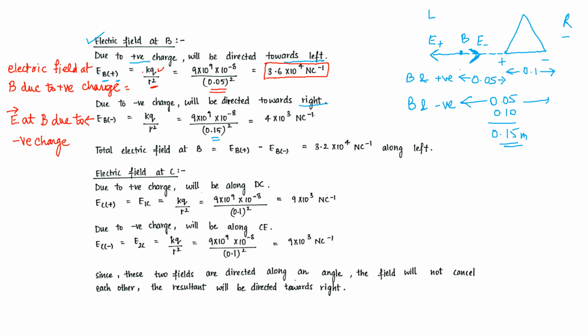The distance from B to the negative charge is 0.15, the whole square, and hence we will get an answer of 4 into 10 to the power 3 Newton per coulomb. Now the total electric field at point B is given by E at B due to the positive charge and E at B due to the negative charge.